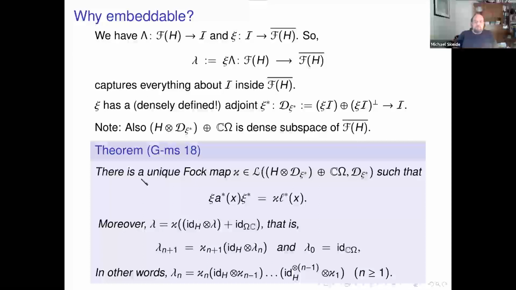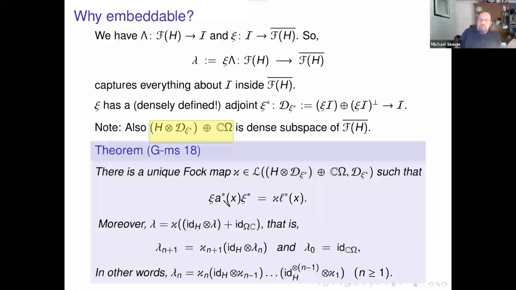So the theorem is we get a unique Fock map from this domain here to the other dense subspace, such that first of all, conjugation with the isometry psi makes sense. This is thanks to these weird definitions here, domains and codomains.